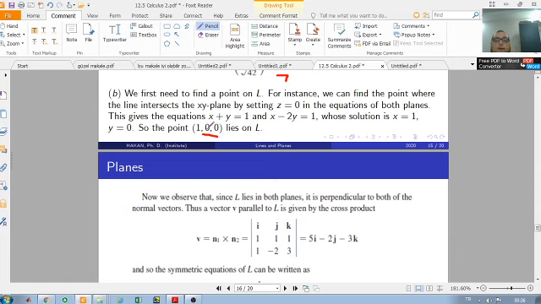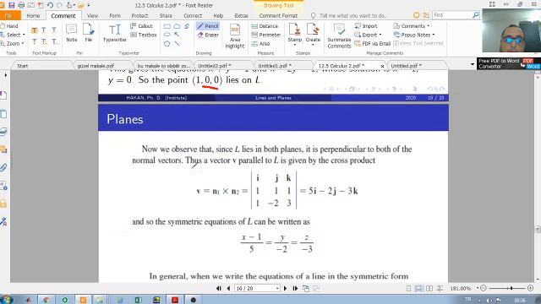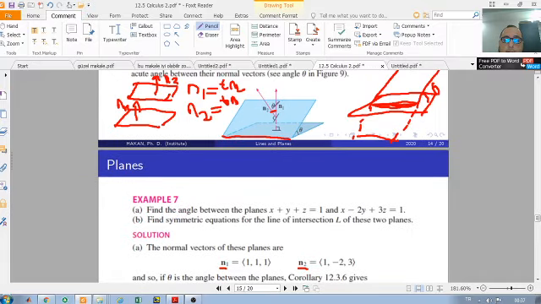So we know a point. And if we also find the direction vector of this line, we can easily find the equation of the line in every form. From here you can see this line lies on both planes. Therefore, the normal vector of the second plane is also perpendicular to this line, and also this normal vector of the first plane is perpendicular to this line.